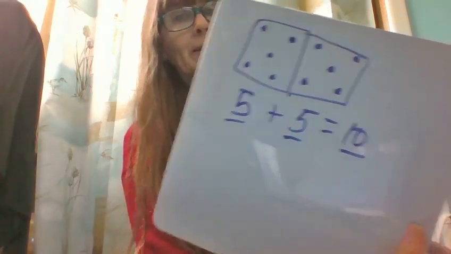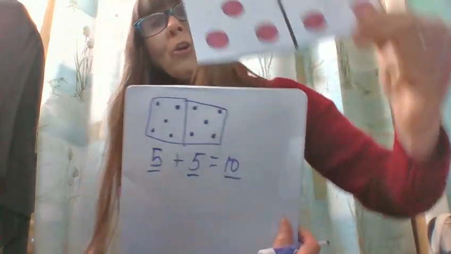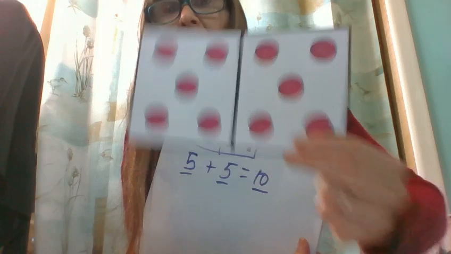And when we put those 5 dots together with the other 5 dots, we know that the equation is 5 plus 5 equals 10. That's what your equation should look like. If we take that domino and we turn it over, it's still 5 plus 5 equals 10. So the next equation would also be 5 plus 5 equals 10.